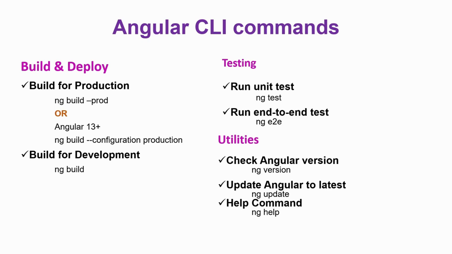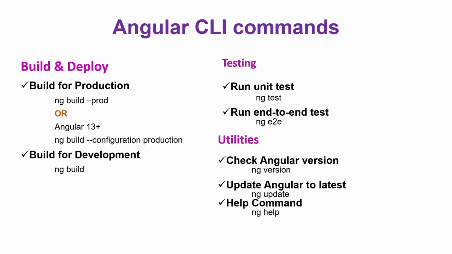Now you have to write test cases and all those things, right? So you can see here on the right-hand side, run unit test, that is ng test. Run end-to-end test, ng e2e, which means end to end. Some utility commands are like, if you want to check your Angular version, you can execute ng version.